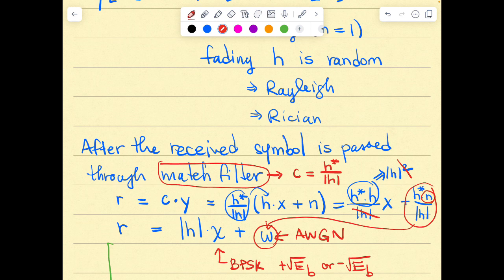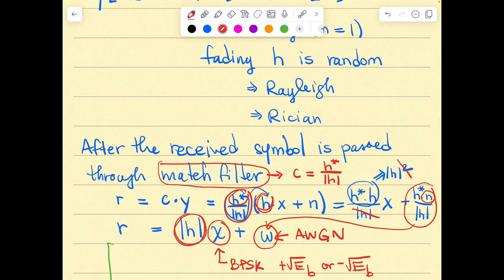On the other hand, the transmitted signal x is now multiplied by the magnitude of the channel h. So the good thing about the matched filter is it matches with the channel, and it also rotates the phase of h into phase 0, so it's only gonna be a real number.